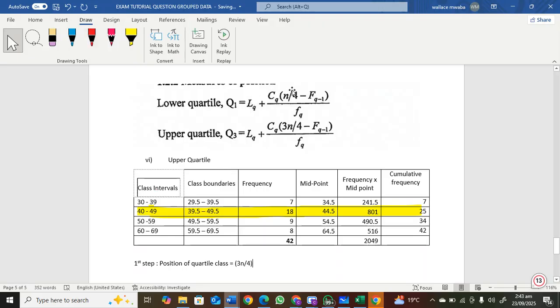Notice with the mean, lower quartile, upper quartile and median, the positions are found in the formulae. For the upper quartile, it's this formula we're using to find the position. So 3 times n, which is 42, divided by 4. 3 times 42 gives us 126 divided by 4.